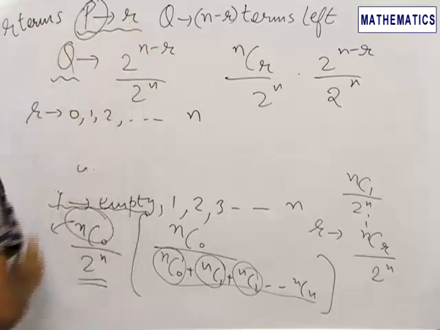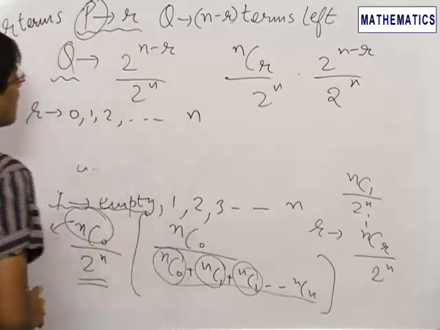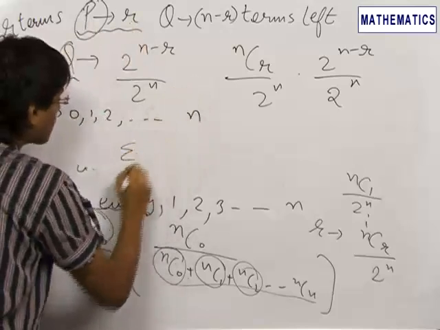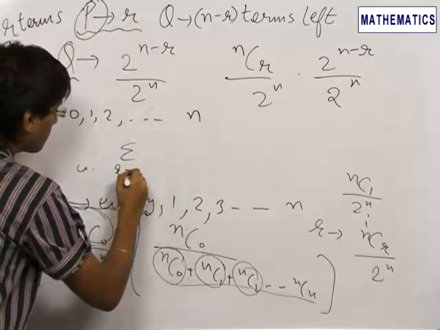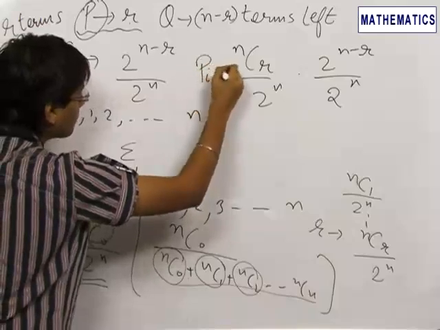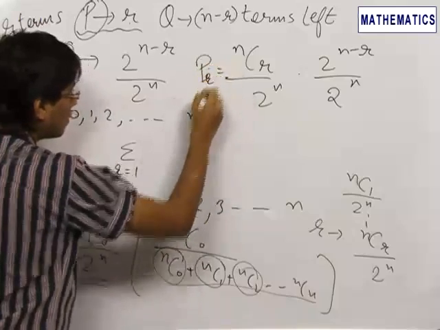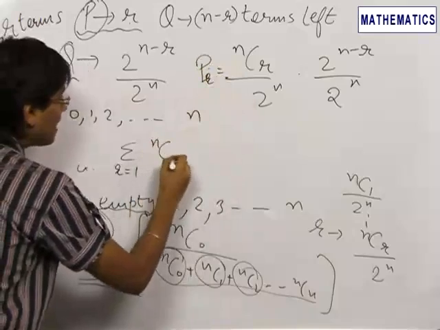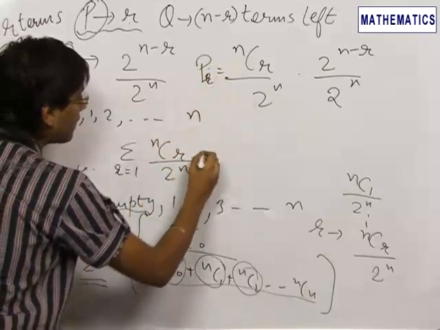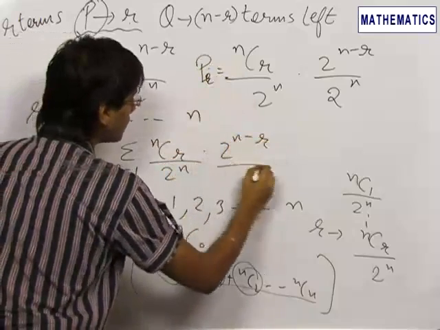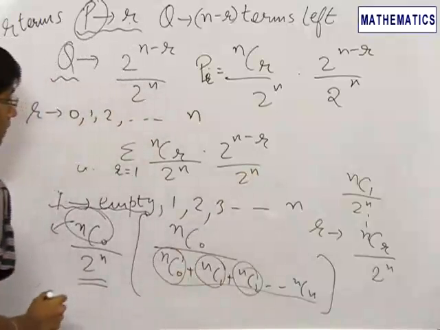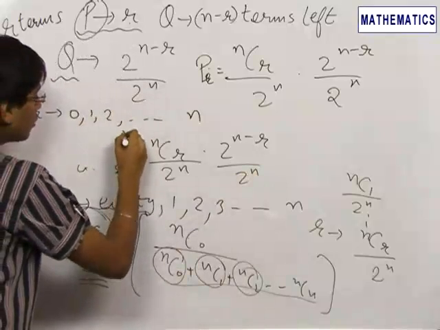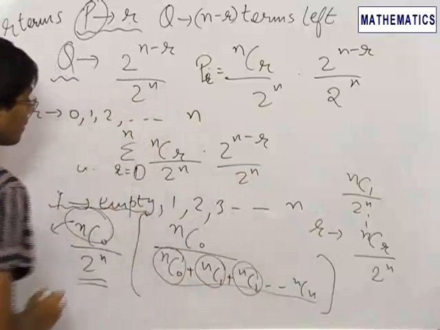It can be a set having one element, two elements or all the n elements. So the required probability is the summation of this probability, nCr upon 2 power n into 2 power n minus r upon 2 power n, r varying from 0 to n.